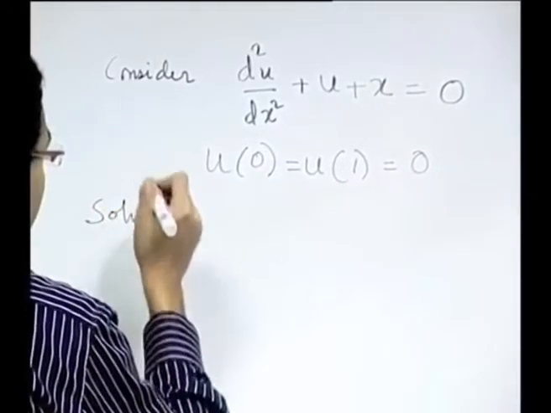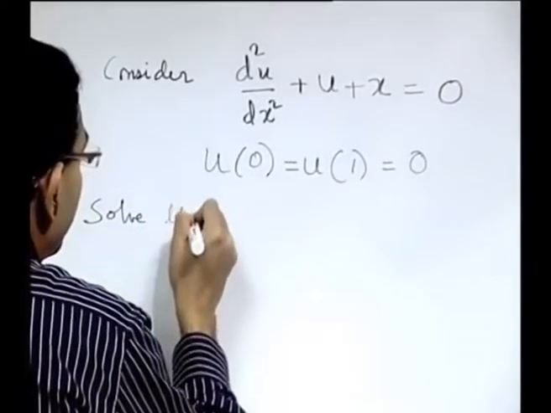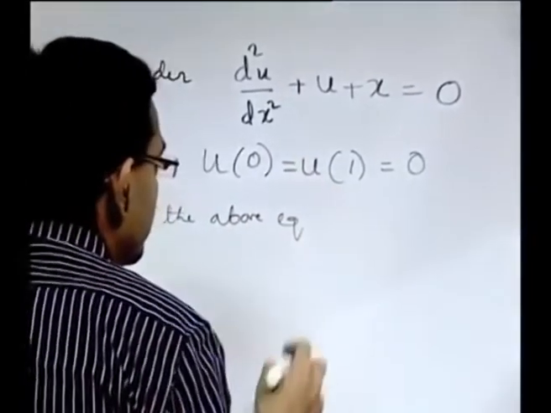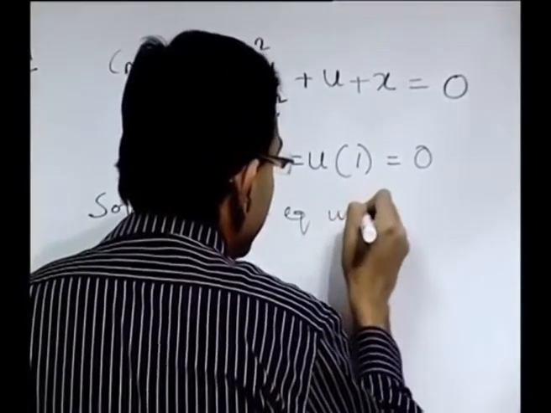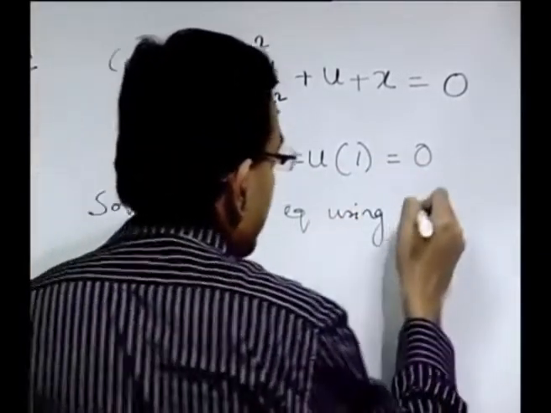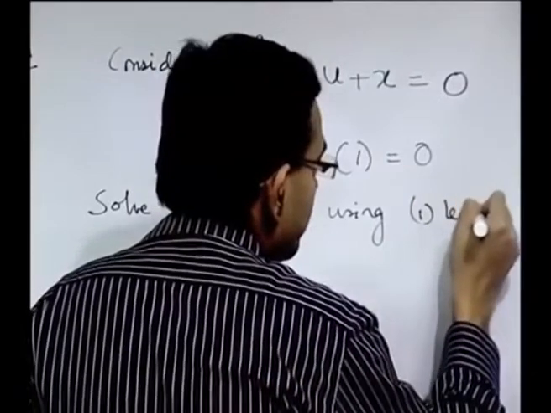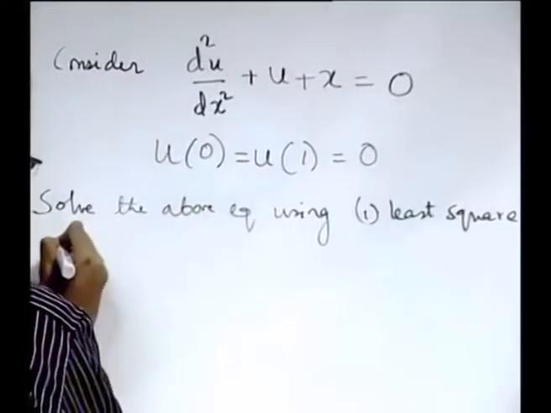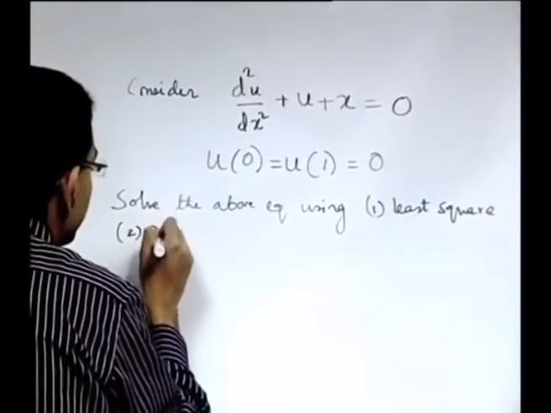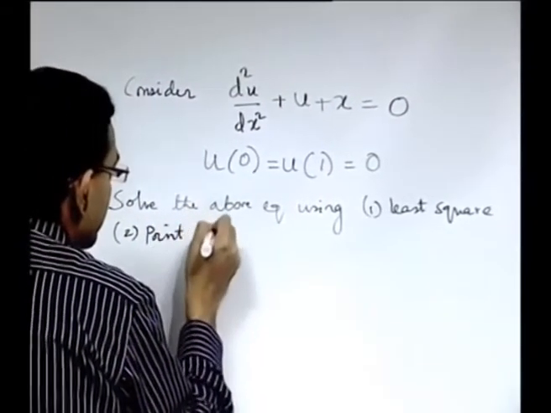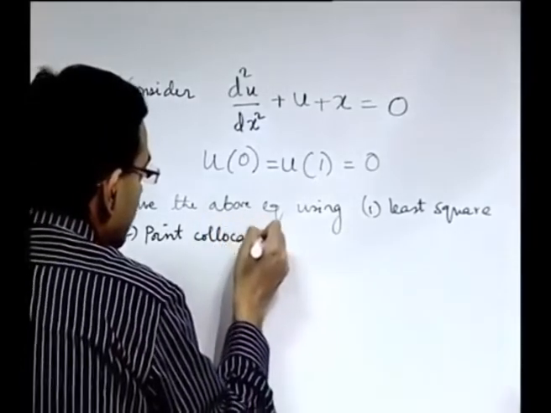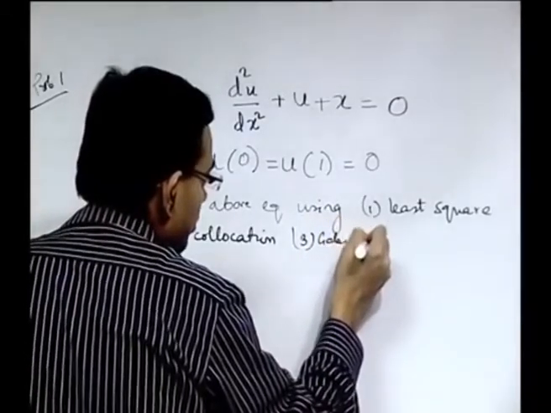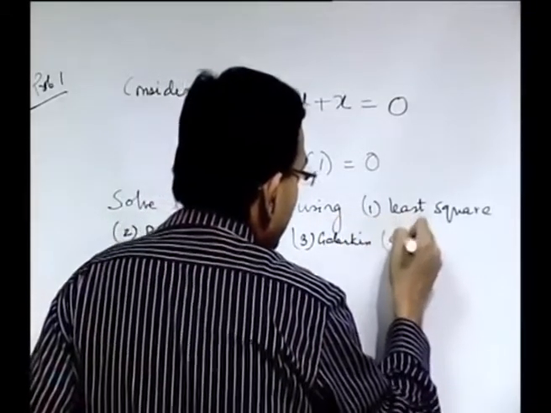Solve the above equation using, say, least square, point collocation, Galerkin and Rayleigh-Ritz's method.